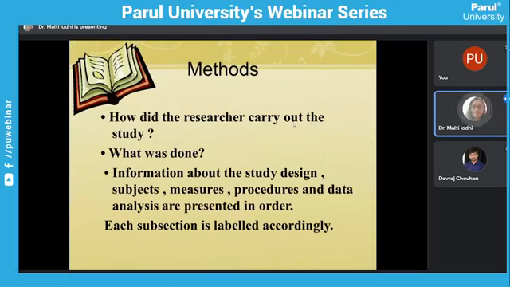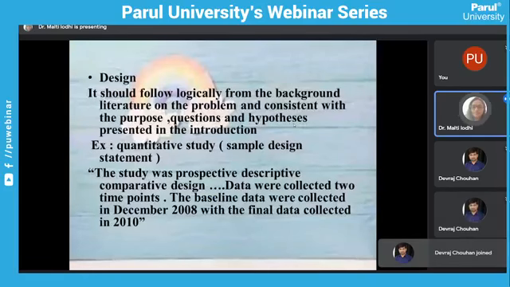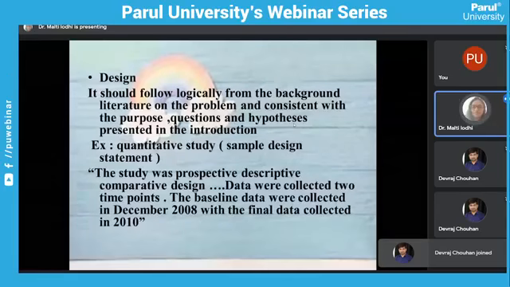Now methods. Everyone knows the methods, what points have to be included: procedures of data collection, procedures of analysis, measures and subjects, everything has to be discussed. Research design: what research design has been selected by the researchers, and sample and setting.